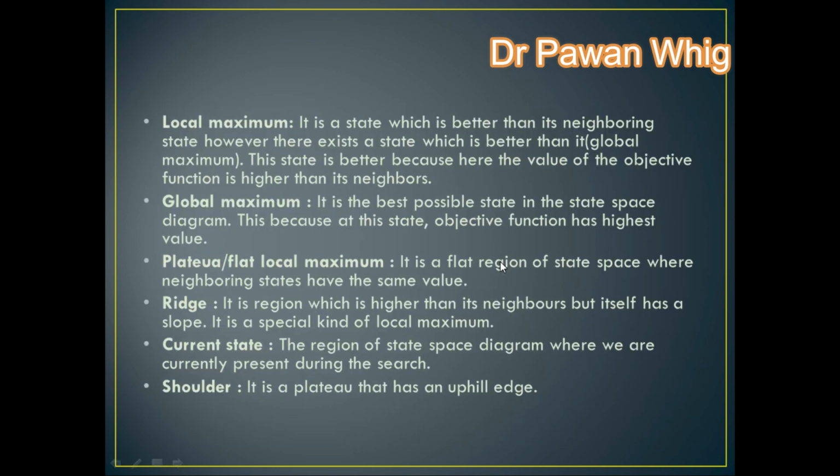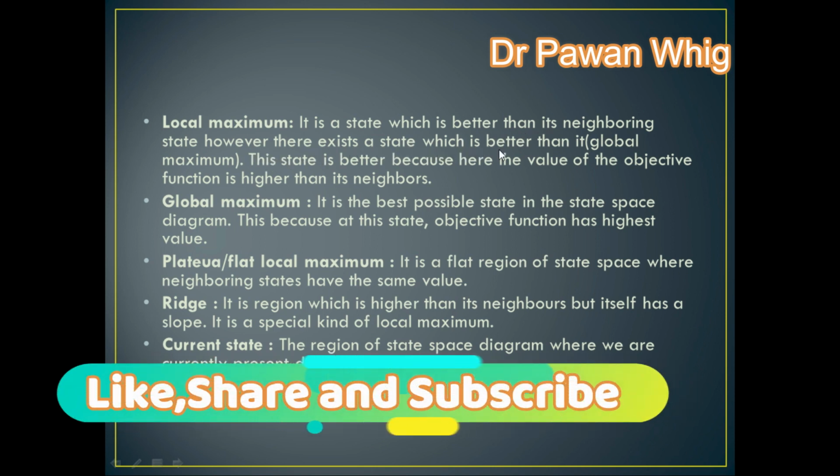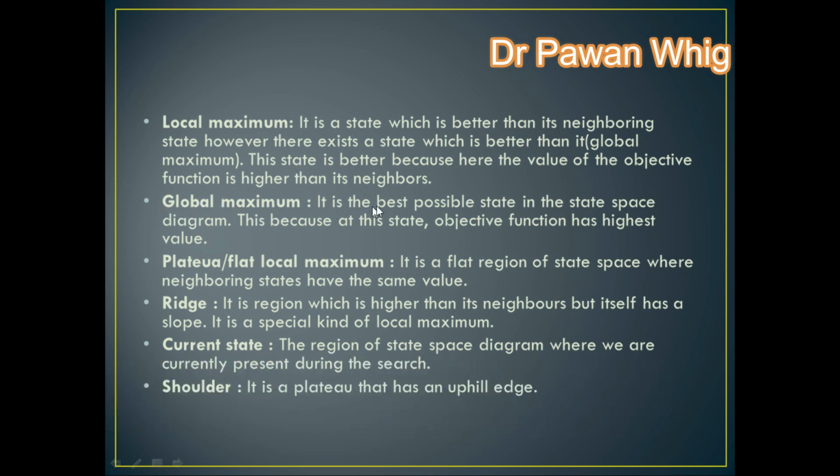Local maximum is a state which is better than the neighboring states. However, there exists a state which is much better than this, that is the global maximum, the best possible state in the state space diagram. Then plateau, or flat local maximum, is a flat region of the state space where neighboring states have the same values. This is very important.